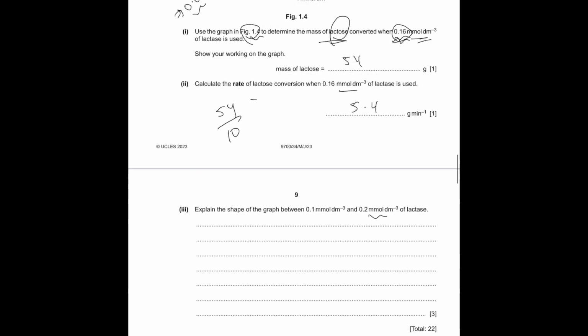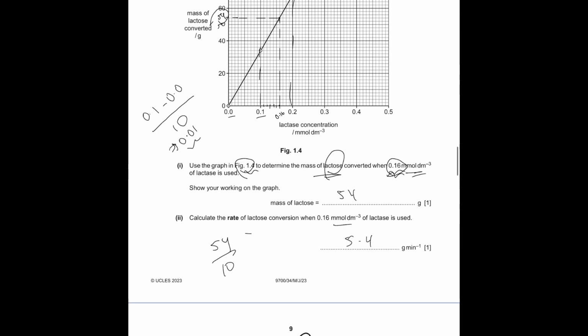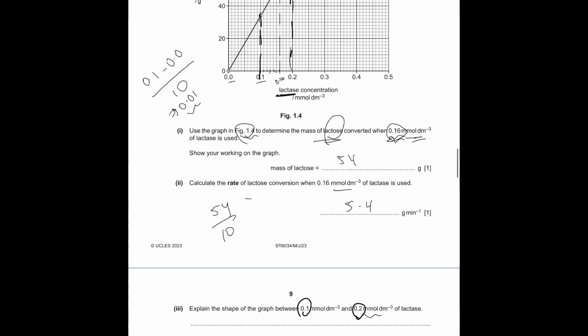Okay, so it says explain the shape of the graph between 0.1 and 0.2. So this is 0.1 and 0.2. So between 0.1 and 0.2 there is an increase. Why? Because the concentration of enzyme increases.